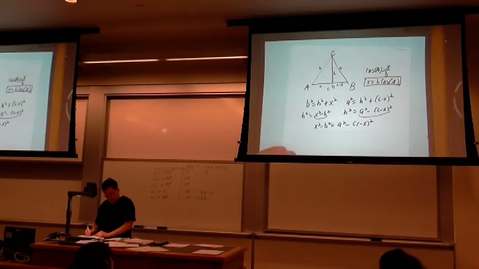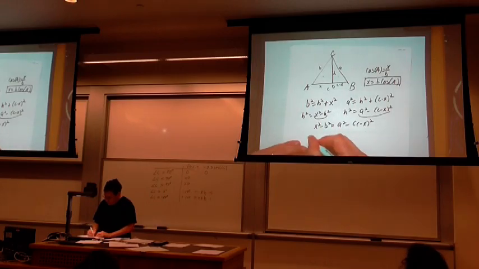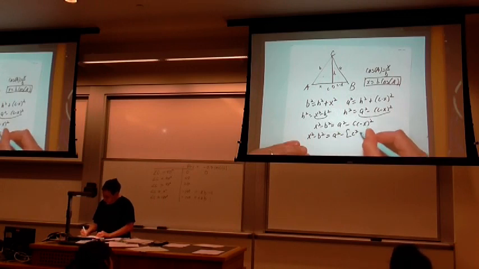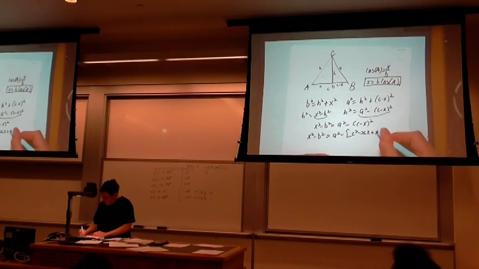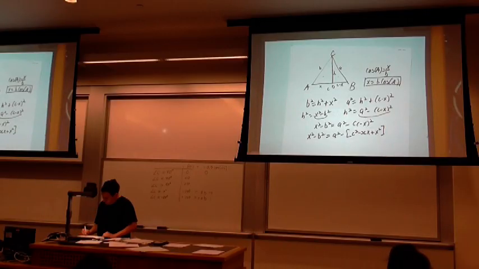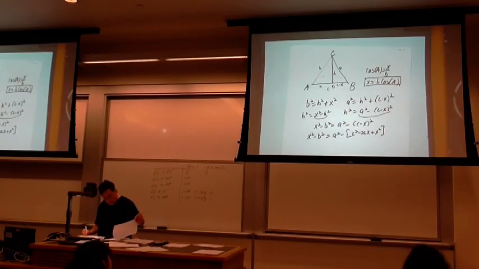All right, let's multiply this out and see what we get. So we have x squared minus b squared equals a squared minus c squared minus 2cx plus x squared. Is that where I'm going? No, I did something wrong.